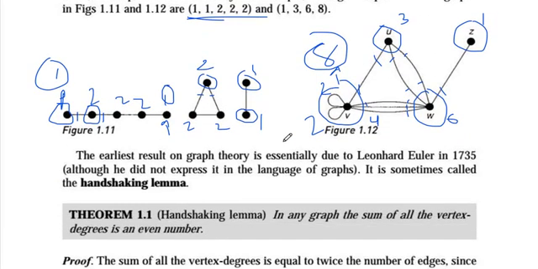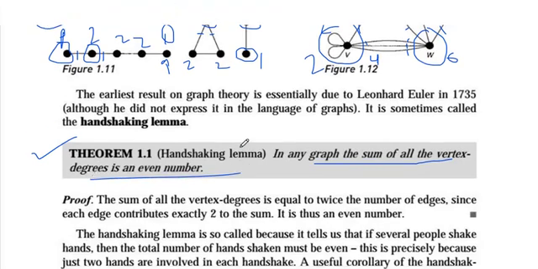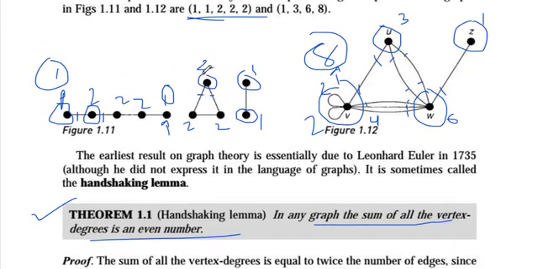Then we have seen one theorem, the handshaking lemma. The handshaking lemma says that in any graph the sum of all the vertex degrees is an even number. Why an even number? Because every edge is counted 2 times, one with this vertex, one with this vertex.